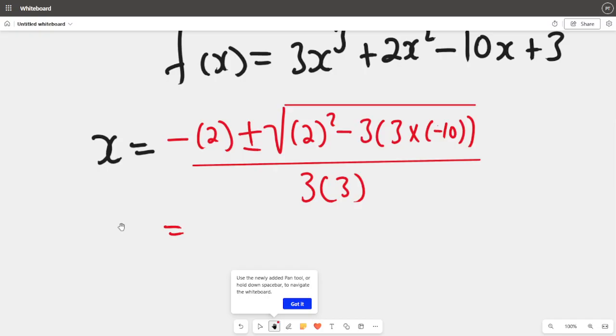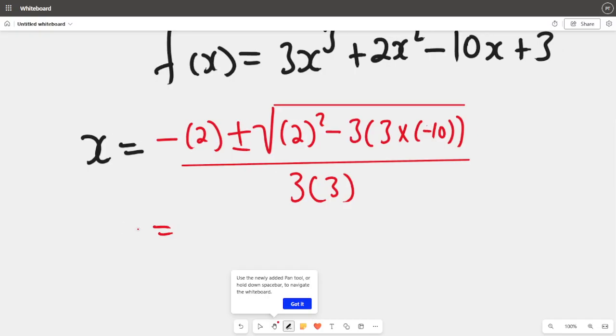It's going to be negative 2 plus minus the square root of 2 squared minus 3 into 3 multiplied by negative 10, all over 3 into 3.